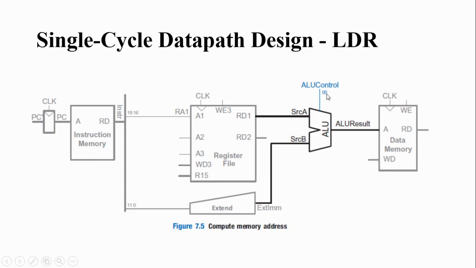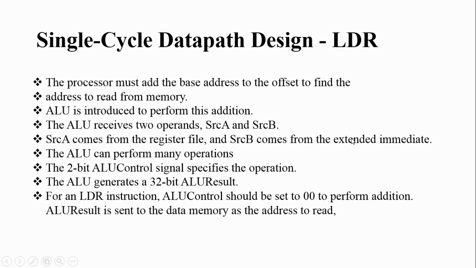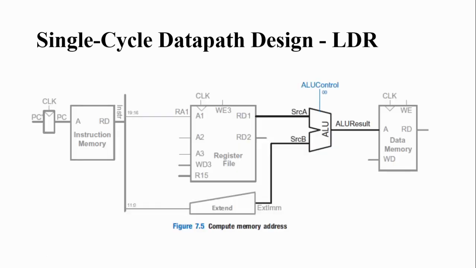If you are giving it as 0 0, the ALU will perform the addition, right? So the ALU is controlled by the 2-bit ALU control signal. What are the other control signals for the ALU? If you are giving 0 0 it will be add, 0 1 and so on, right?